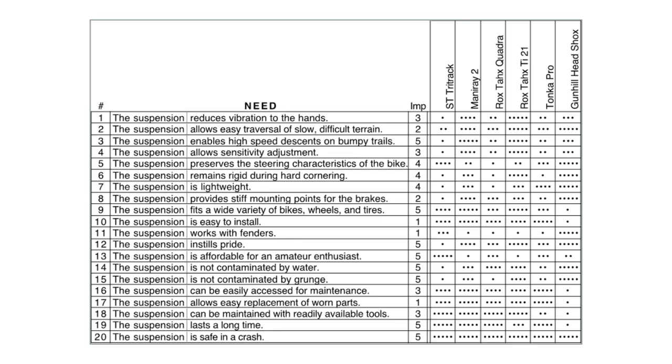It means competitor product number 1 has the lowest performance regarding the suspension reducing vibration to the hands. But the fourth competitor product, called Rockstrack TI-21, has 5 dots. So in terms of the suspension reducing vibration to the hands, this product has the highest performance. Hopefully you understand this matrix.